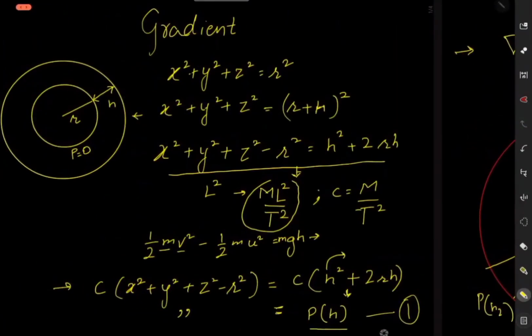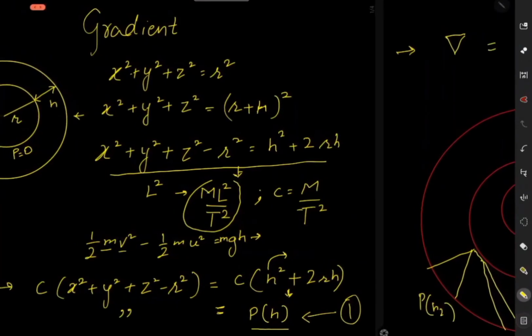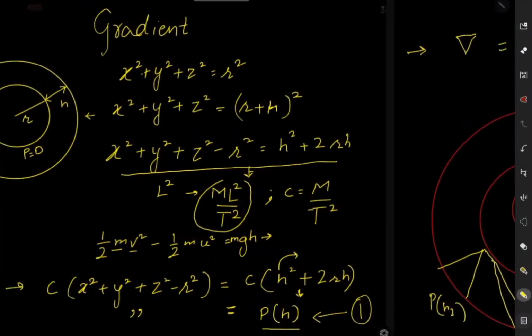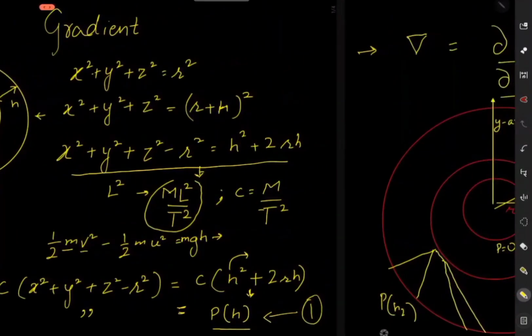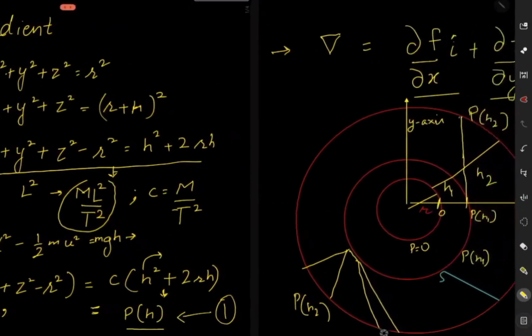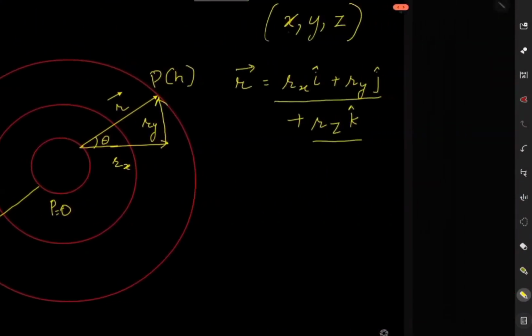We will apply this gradient on our function pH. This function is c times x square plus y square plus z square minus r square, equal to pH. So let's apply gradient on both sides.